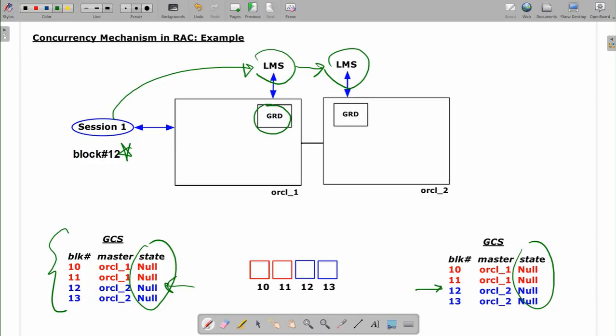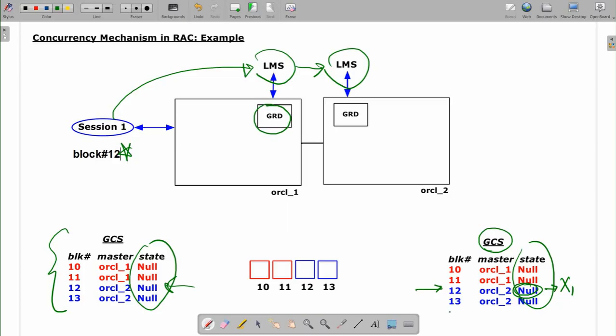I'm the owner, and according to the buffer state, it's null, meaning that the block is not in memory. So the LMS process in the second instance will update the status of this block. Let's say I change it to an exclusive lock for the first instance, meaning that I update this buffer state and metadata to let session 1 cache the database block for DML, so an exclusive buffer state.